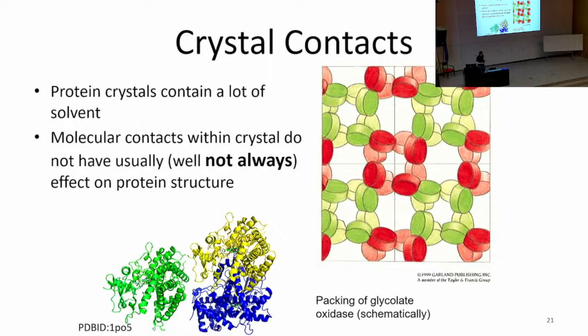For instance, from my experience, the cytochrome P450, which typically has quite a closed structure, was once crystallized in a dimer, where two cytochrome P450s were touching each other because they were strongly packed together.